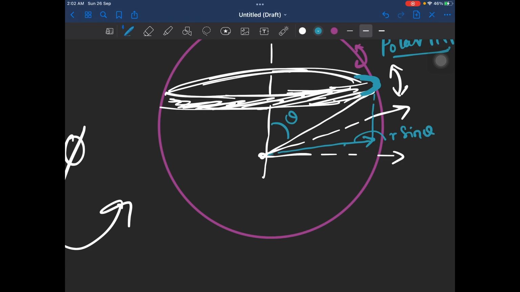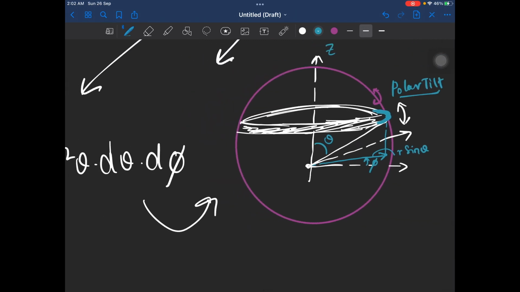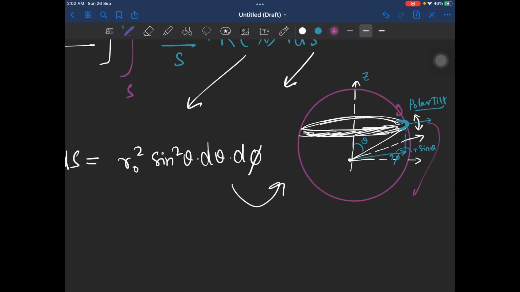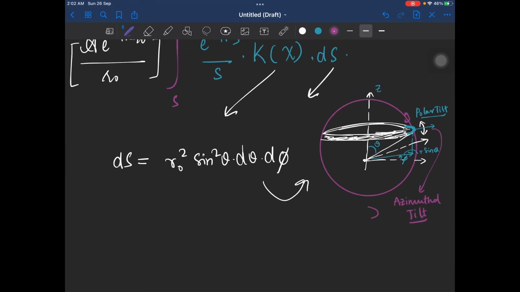And this is the azimuthal angle, and this becomes the azimuthal tilt, a tilt in the plane in this direction, or a tilt in inclination, d theta and d phi.